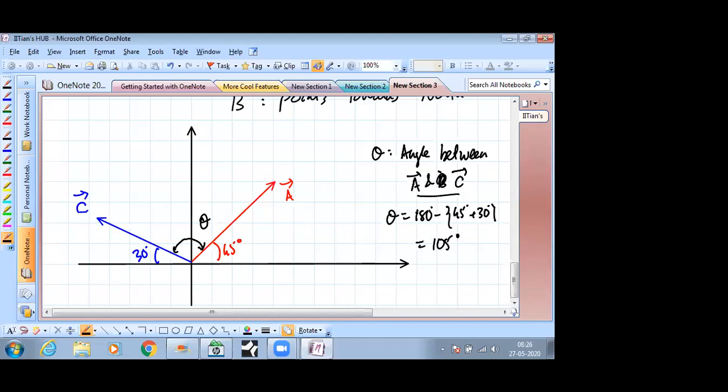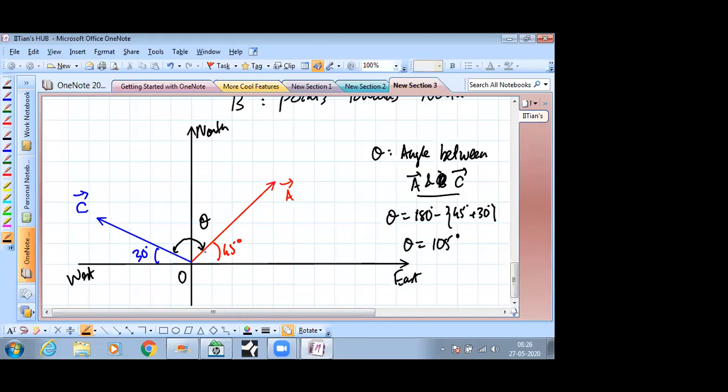So this becomes the correct angle between the given vectors E and C, because this vector is pointing 45 degrees north of east and this vector is pointing 30 degrees north of west. So we can see that the angle between E and C will be taken as this angle.